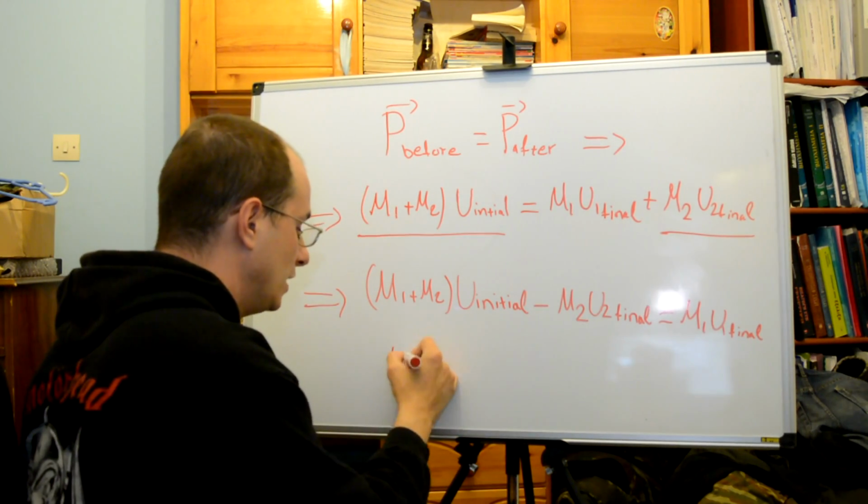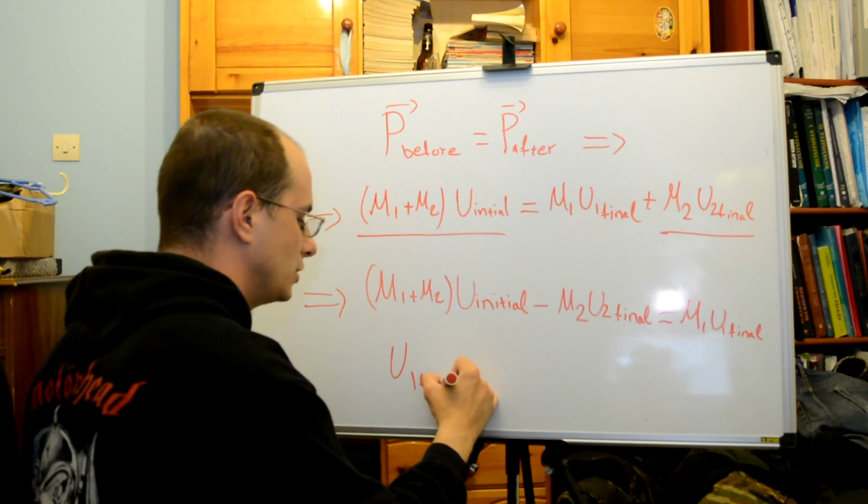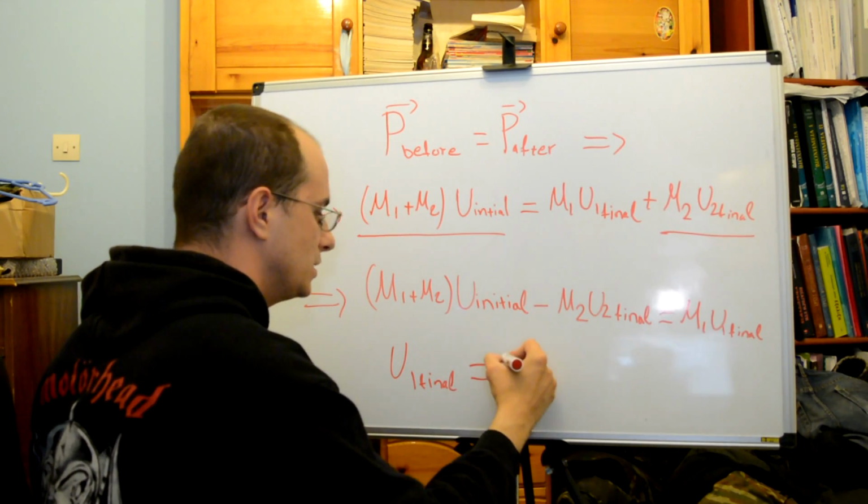And the final velocity of carriage number 1 is the following.